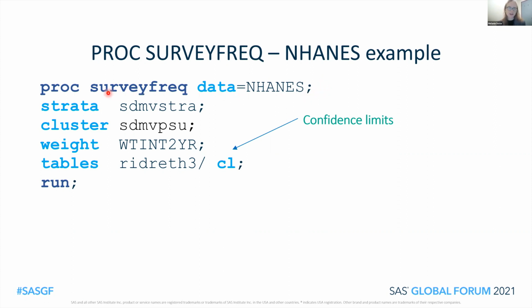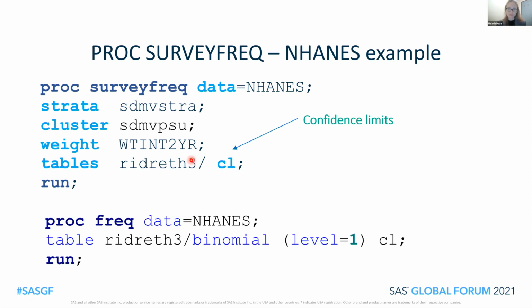We specify our strata statement, our cluster statement, and then our weight variable. And then here we're asking for the frequency of the variable RIDRETH3, which is race ethnicity. And then we use a slash and then CL to ask for the confidence limits. Again, here is the equivalent code for non-survey data.